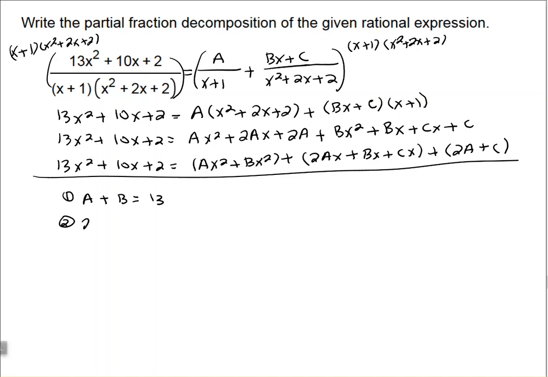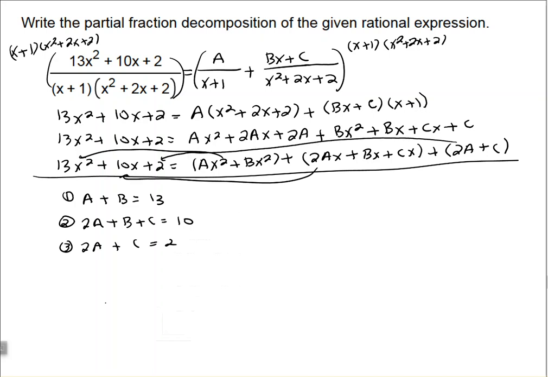So 2a plus b plus c equals 10. And then my third equation, 2a plus c equals 2. So that matches up with that one. That matches up there. And then the 2a plus c matches up with the 2.